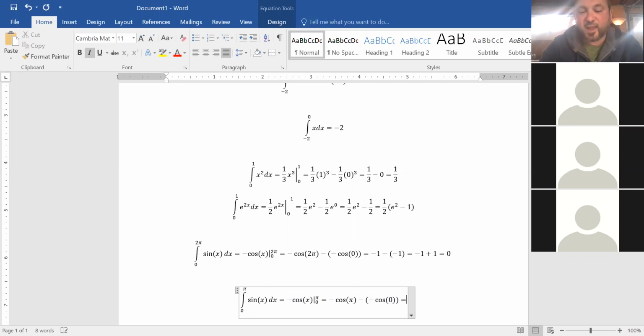Now, negative cosine of pi is negative 1. So negative of a negative 1 is positive 1. Minus, and then cosine of 0 is 1, but that's negative in front of it. So that's negative 1 like that. That's 1 plus 1 is equal to 2.